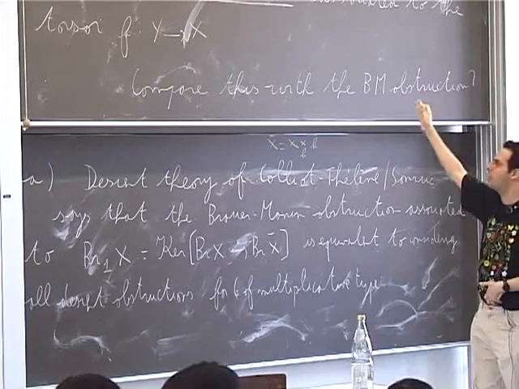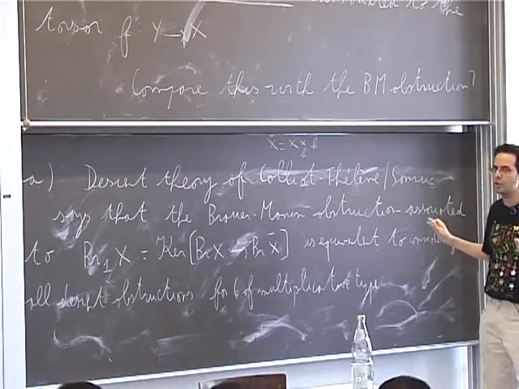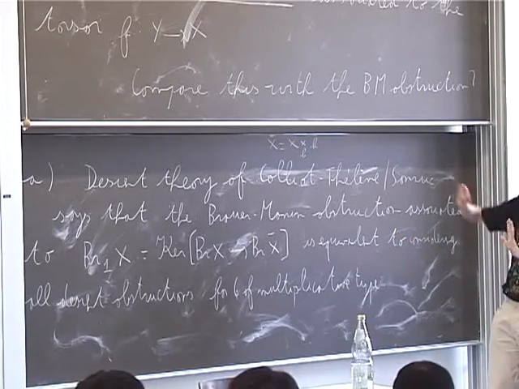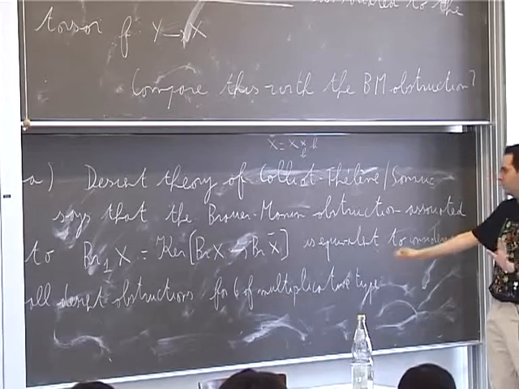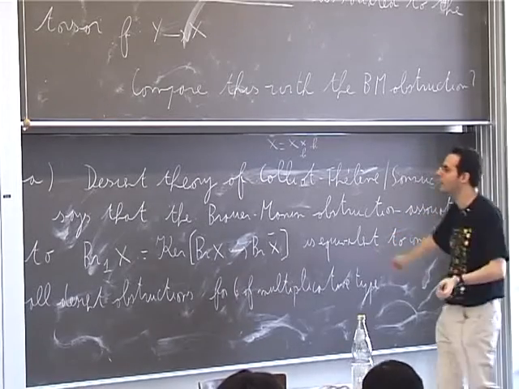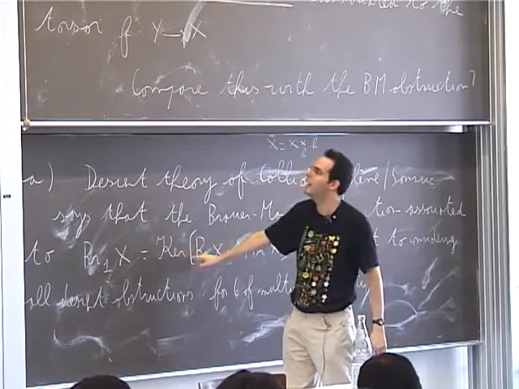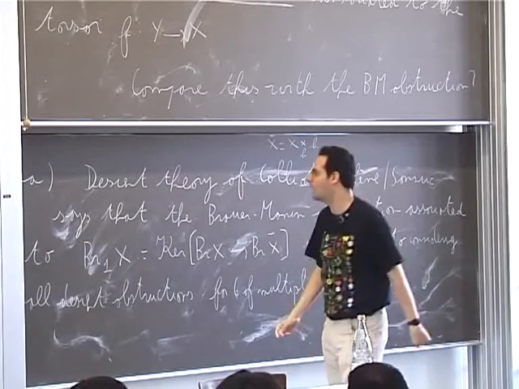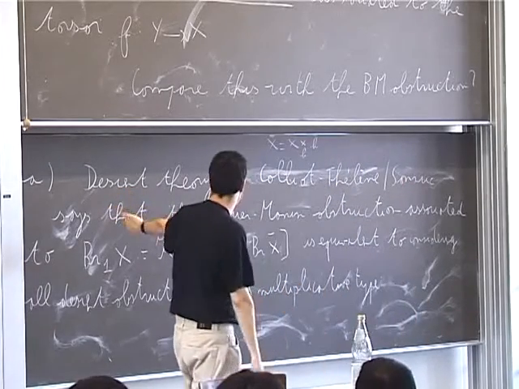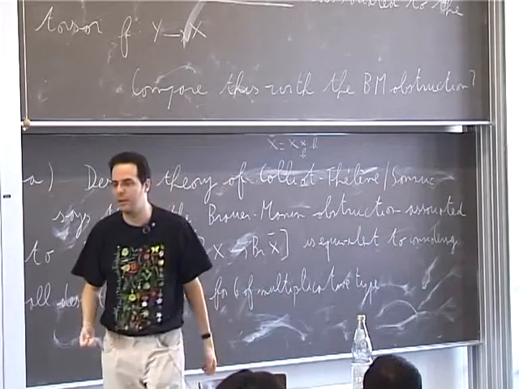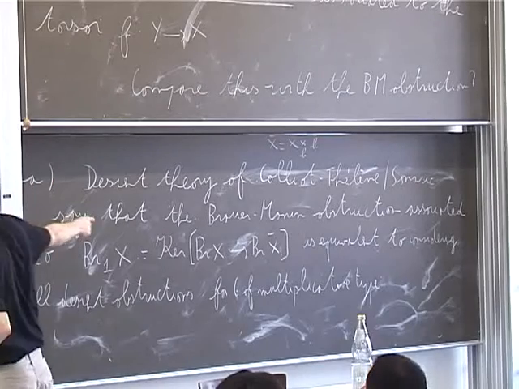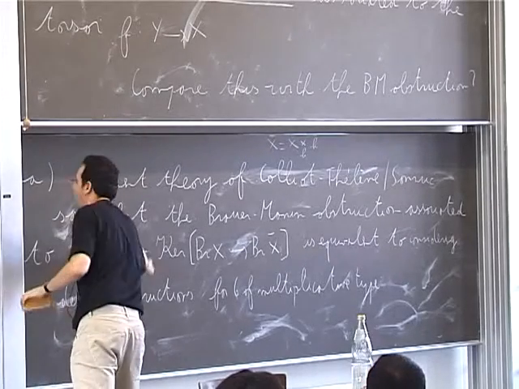Using these descent obstructions, you do not refine the Brauer-Manin obstruction. Basically, if you consider all these descent obstructions, you get the same thing as the Brauer-Manin obstruction associated to algebraic elements of the Brauer group. And now, you can ask what happens if you consider Brauer-Manin obstructions associated to elements in the whole Brauer group, not only algebraic elements like this.